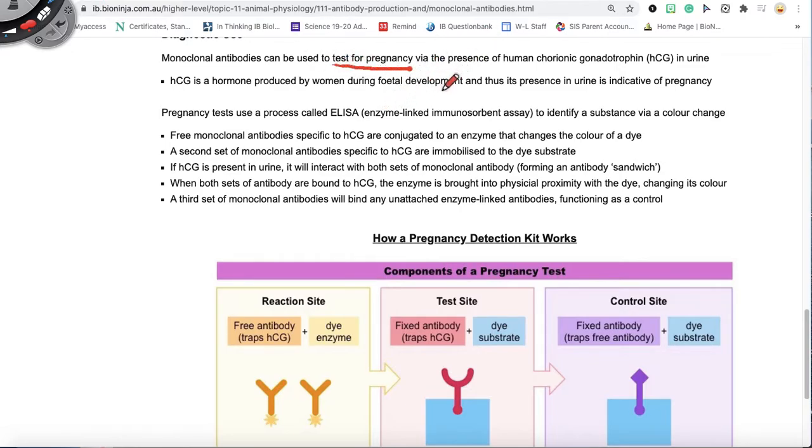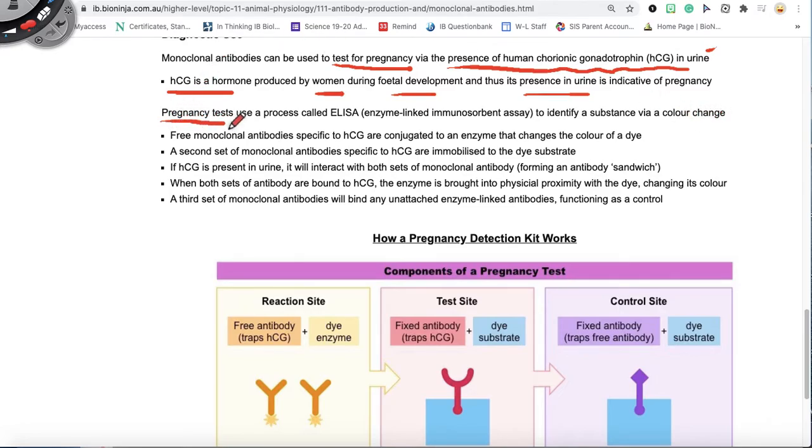What they detect is the presence of human chorionic gonadotropin, or HCG, that is found in the urine of pregnant women. HCG is a hormone that is produced by women during fetal development, so it is present in the urine of females that are pregnant, therefore indicating pregnancy.